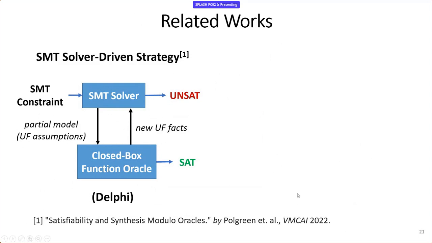They take the SMT constraints with closed box, but they solve the constraint assuming the closed box to be UF terms, and then get a model, and then try to validate whether that model is consistent with respect to the closed box function or not. If it is a consistent model, then you just return sat and return the model. Otherwise, you block that model by learning a new fact about the UF term. And if you find any conflict, you can return unsat.